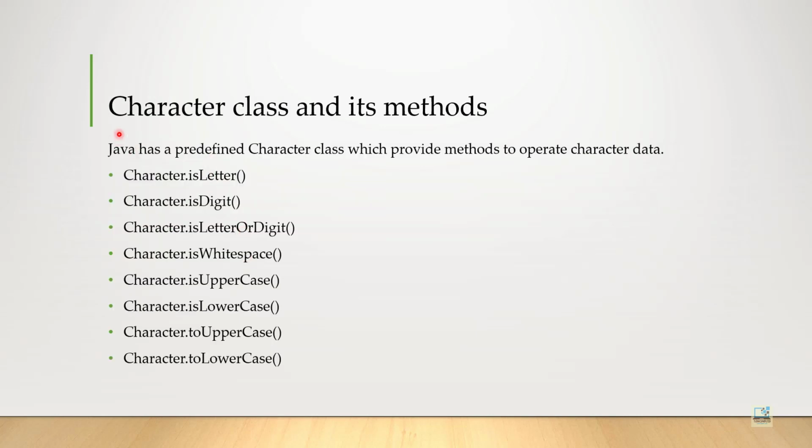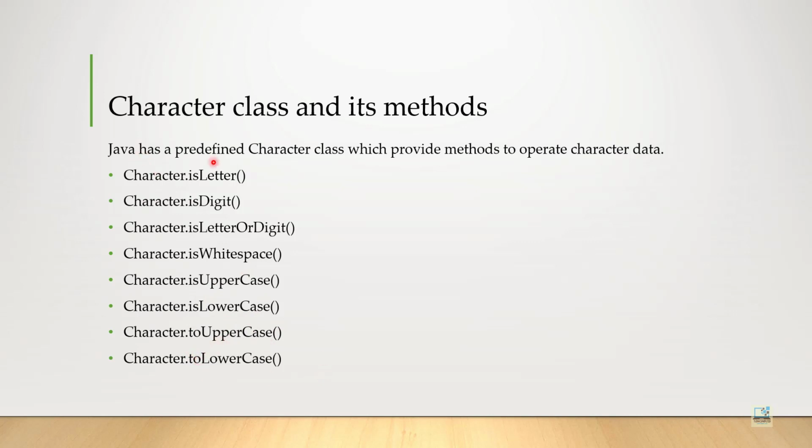Now, what is a character class? Let us discuss the methods of the Character class. Java has a predefined Character class, and it provides methods that can be used to operate on characters. These are the methods available in the Character class: isLetter, isDigit, isLetterOrDigit, isWhitespace, isUpperCase, isLowerCase, toUpperCase and toLowerCase.